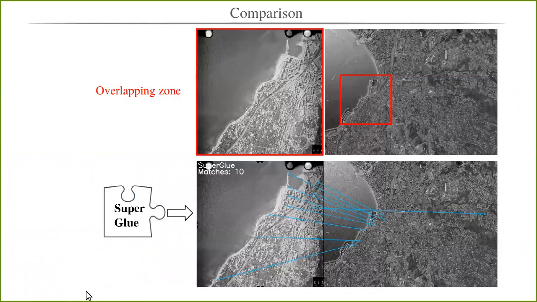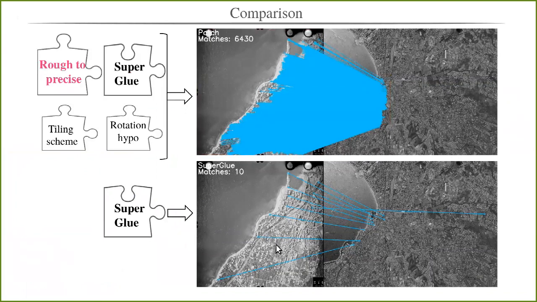Here, I displayed a pair of multi-epoch images. The overlapping zone is indicated as red rectangles. If we apply SuperGlue directly on it, we get very few matches. But if we combine it with our rough to precise, tiling scheme and rotation hypothesis ideas, we can see the matching performance is improved significantly.